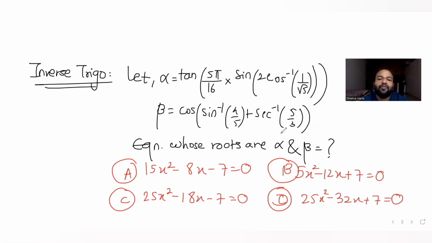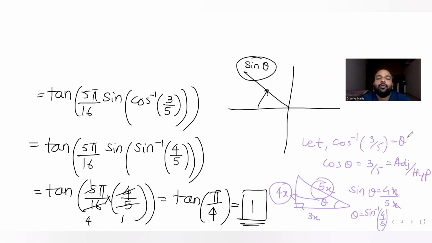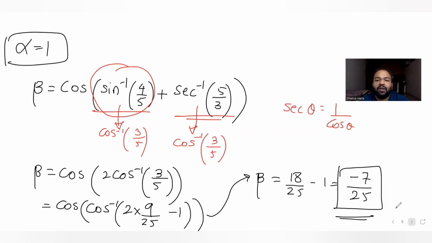So here the first expression we used was 2 cos inverse x, that was cos inverse of 2x square minus 1. The second idea we used here was cos inverse of minus some value is pi minus cos inverse of that same value. Then we used the other idea that sine inverse of 4 by 5 is equal to cos inverse of 3 by 5.